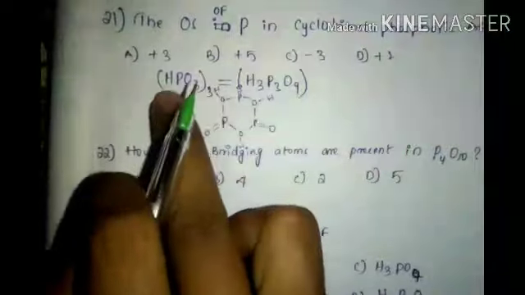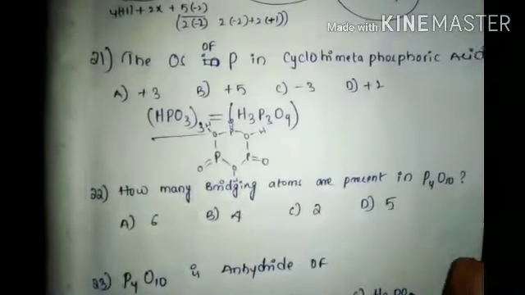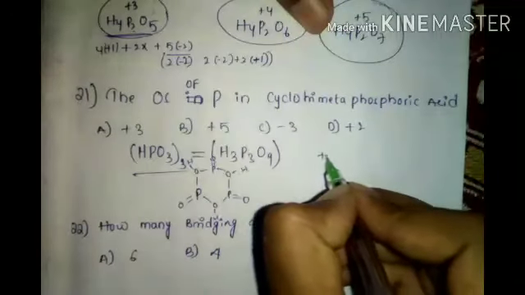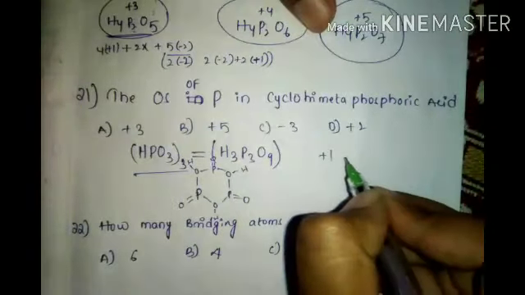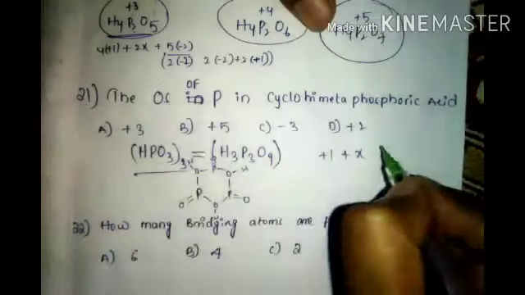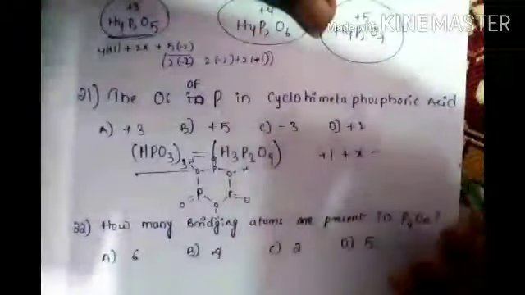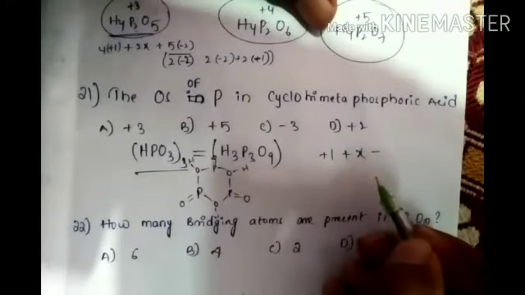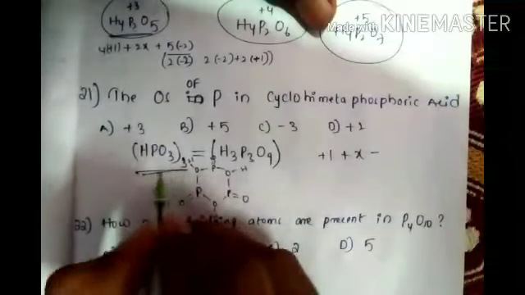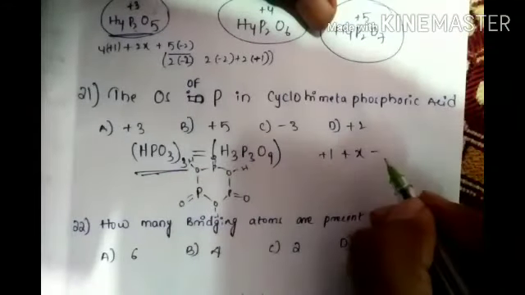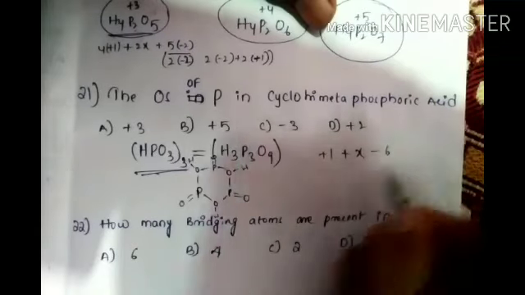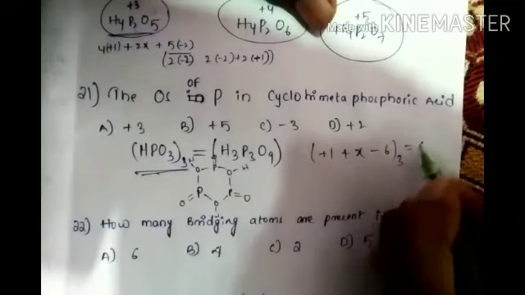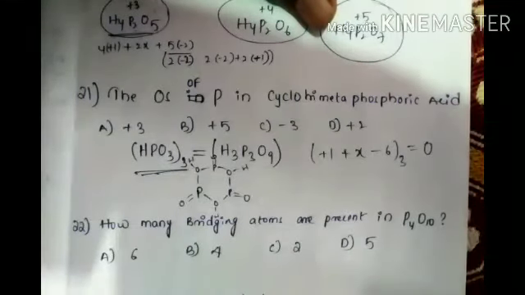As usual, you do the problem like this. Hydrogen plus 1, plus X, and minus 6 because of 3 O2s, equal to 0.